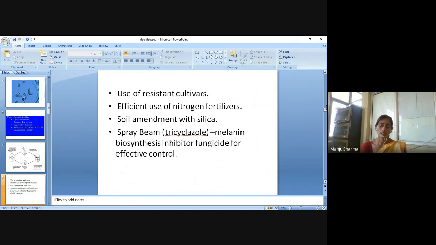Basically, the blast disease is named differently according to which part of the plant is infected by the pathogen. If the collar region is infected, it is known as collar blast.